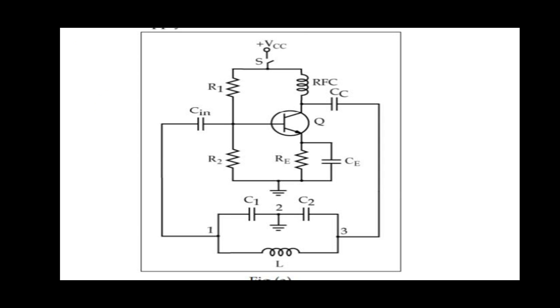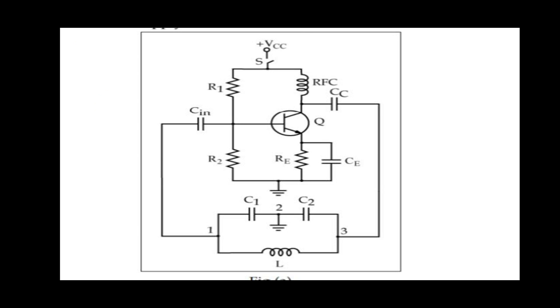The beta value in the feedback network is Vf by V out. We substitute this value of Vf by V out and get the condition for sustained oscillations.